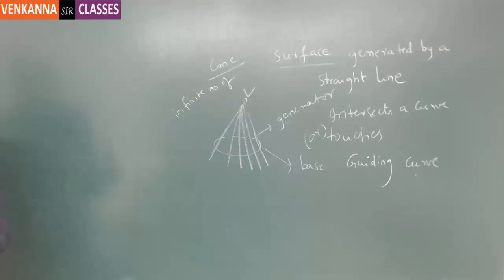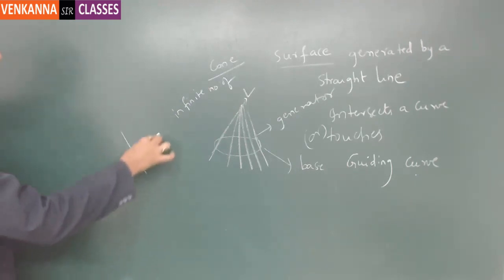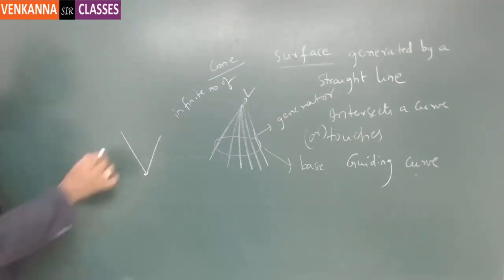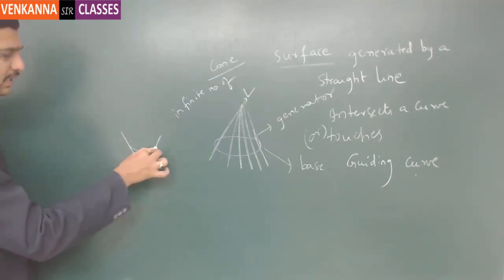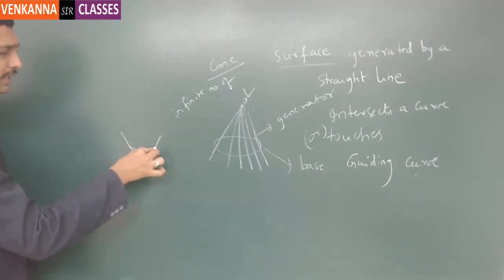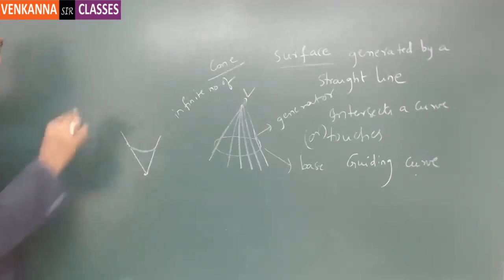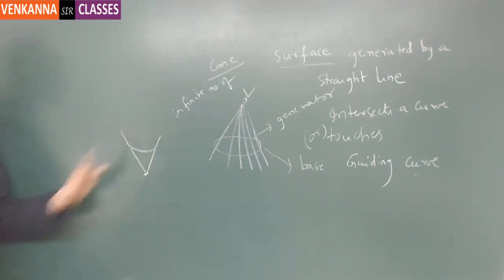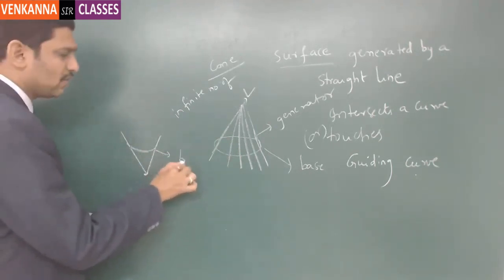In a simple visualization, you just take an ice cream cone. This is nothing but the vertex of the cone. If you consider a molding thing like this on its surface, we call it the base curve or guiding curve.